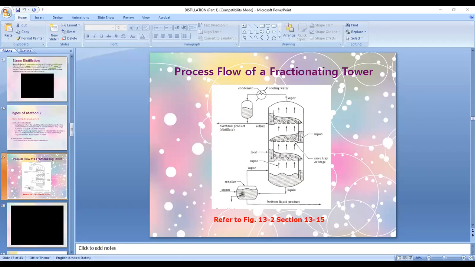That's your feed together with the reflux, which is also liquid. So your reflux is actually a part of the vapor that was condensed in your condenser. Its purpose is to increase the purity of the distillate or your overhead product. This is our distilling column, and it has two auxiliary equipments, the reboiler and the condenser.